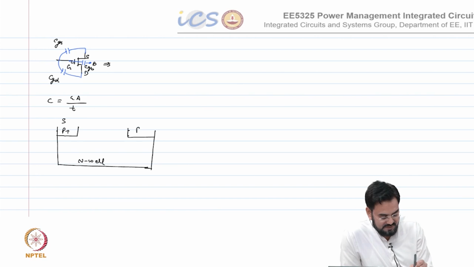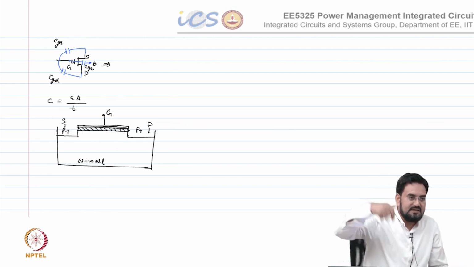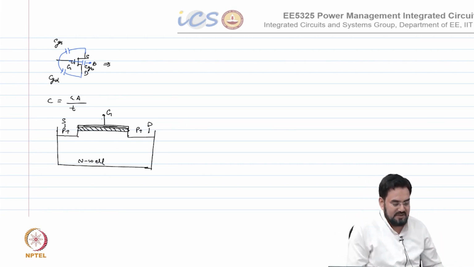Then you have another P plus diffusion, which is your drain, and then you have oxide here with a polysilicon layer, which forms the gate. Okay. So, you have an oxide in between your substrate and gate terminal, and that forms the cap.